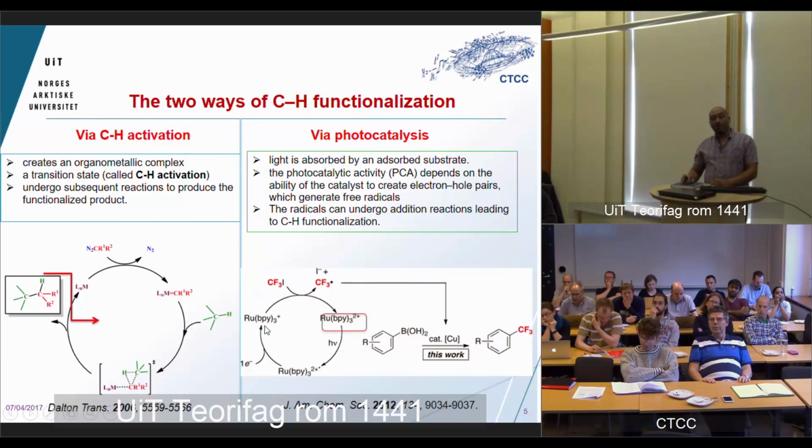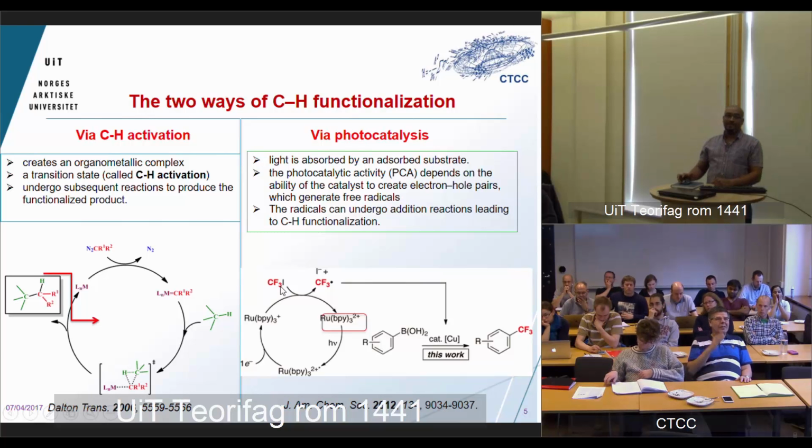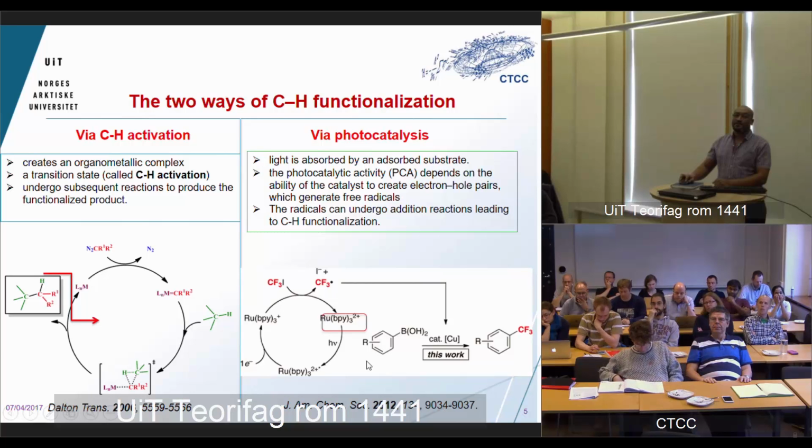Then this ruthenium-1 complex is ready to give its electron to, for example, this trifluoroiodomethane. After accepting the electron, the trifluoroiodomethane breaks the C-I bond to form the CF3 radical, regenerating the ruthenium-2 photocatalyst.